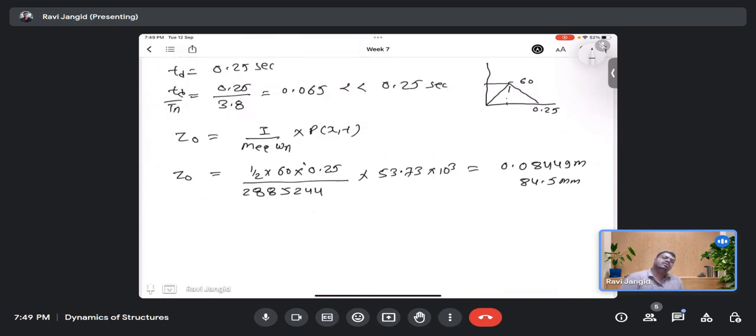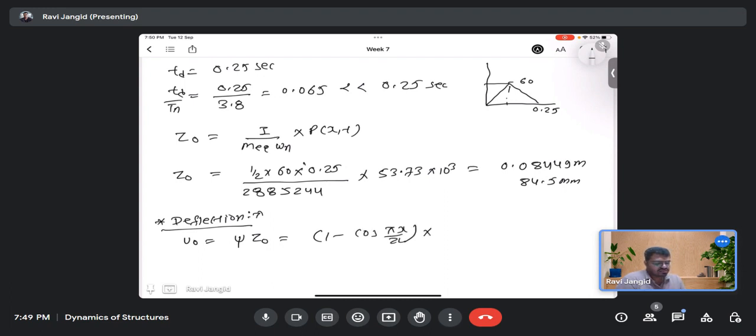So now we need to find out the deflection. For the deflection, u naught is equal to psi into z naught. So the shape function is given as 1 minus cos pi x by 2L, into z naught, which is 0.08449 meter.